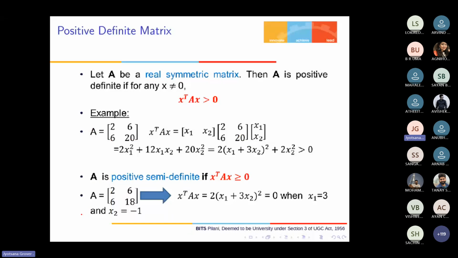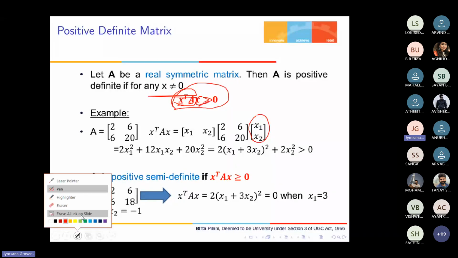How will you check it? You take any non-zero column vector X, take its transpose, multiply with A, and then multiply the result with X. You should get a positive value.